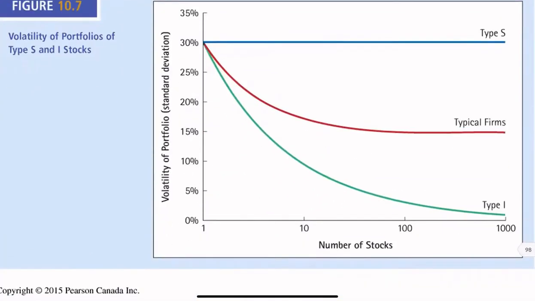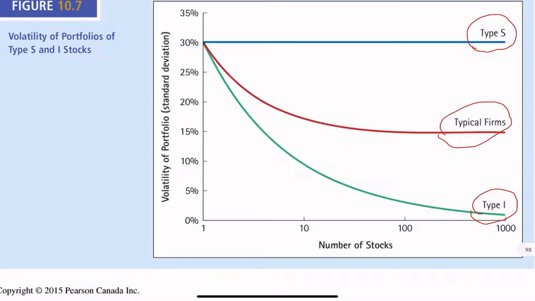This result is reflected in the following picture. You can see that we have three kinds of firms here. Type S firms, remember, refer to firms with only systematic risk. Type I firms are firms with only firm-specific risks. A typical firm has both types of risks.